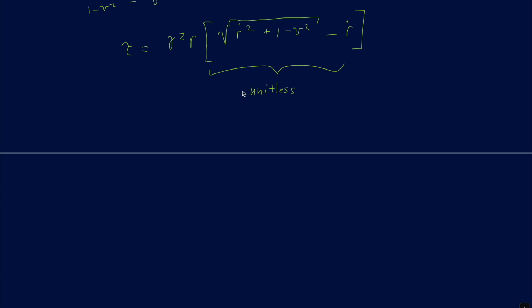The same applies to this gamma squared, because gamma is just involving a velocity, so it's also dimensionless. All we have is this tau and this r, and everything else is dimensionless. But in natural units, once again, time and length have the same dimension. So this equation does indeed satisfy dimensional checks. So that's a good sign.